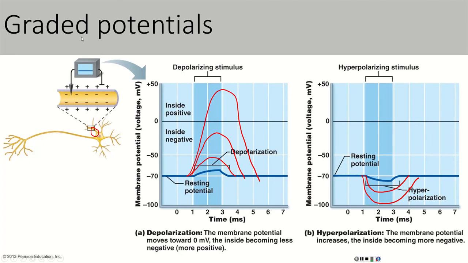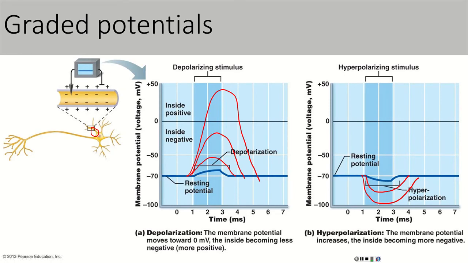Graded potentials are local, but the size of that locality is directly related to the magnitude of change. Let that sink in. The greater the magnitude of change, the greater the area of effect. That's a graded potential.